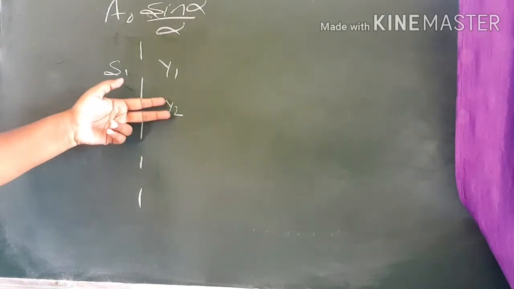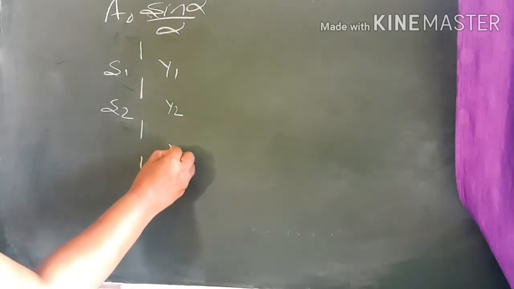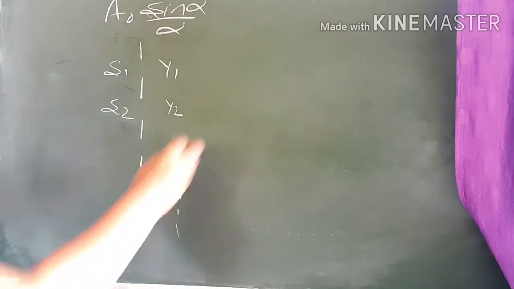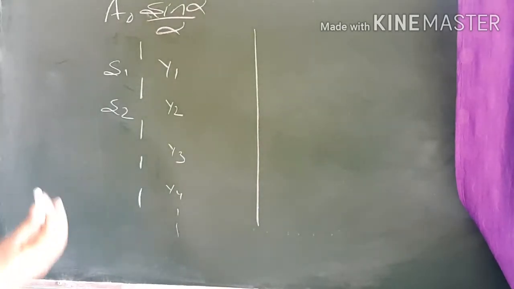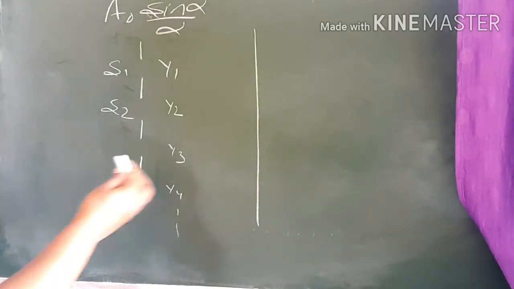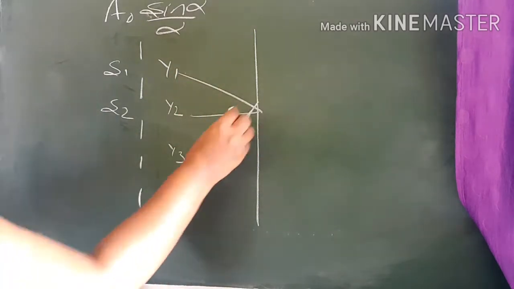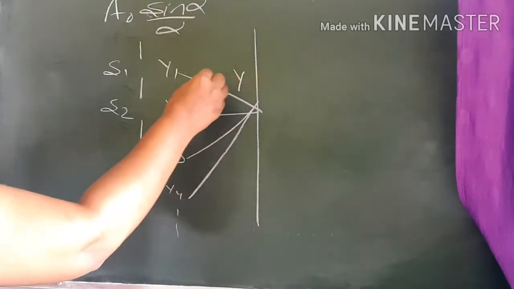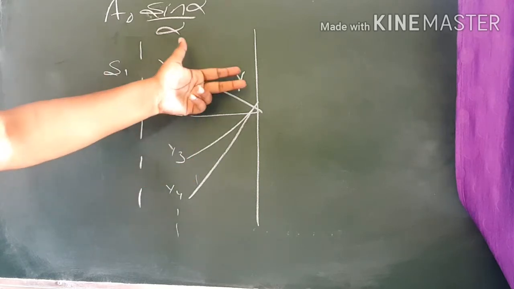This is y3, this is y4, and so on. Now we have to find the effective amplitude or intensity, the resultant of all these waves at any point. Suppose the resultant of all these waves is y.